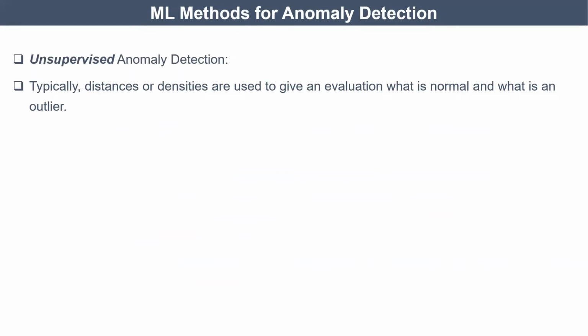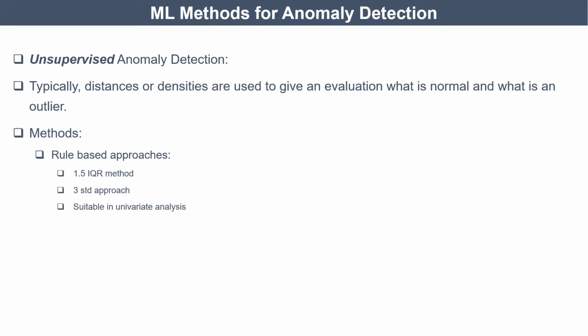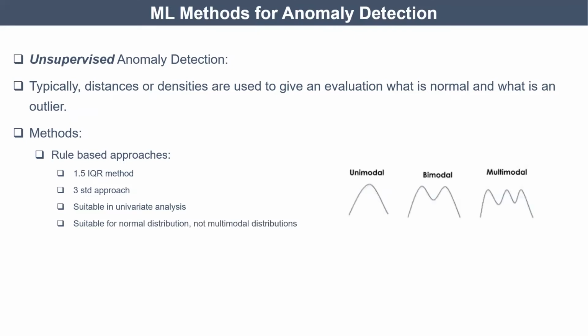There are obviously unsupervised anomaly detection models, and these methods rely on distances and densities generally. The methods are rule-based approaches, as I mentioned before, like the interquartile range method, standard deviation method on histograms, but they are generally suitable for univariate analysis and unimodal distributions, but they are not as good when we have bimodal distributions like that.